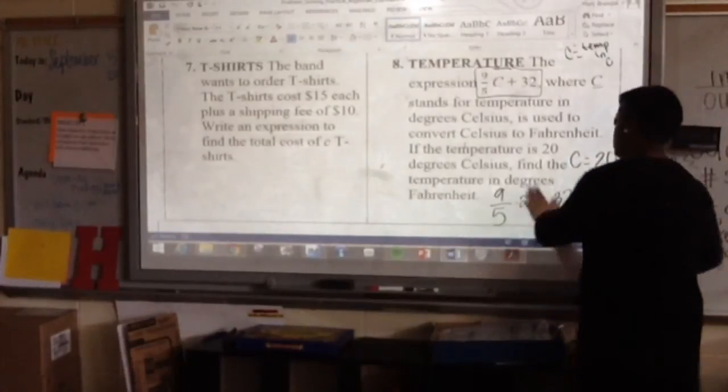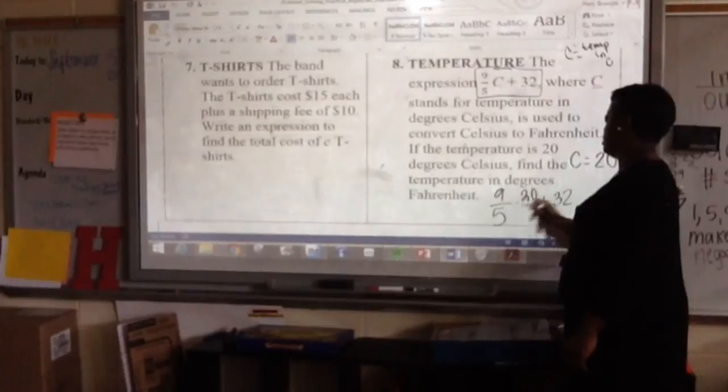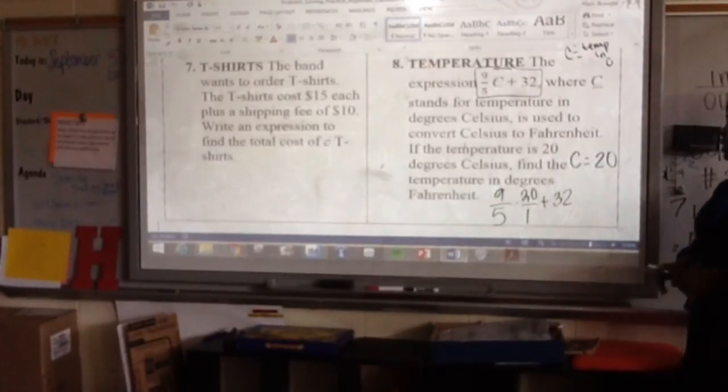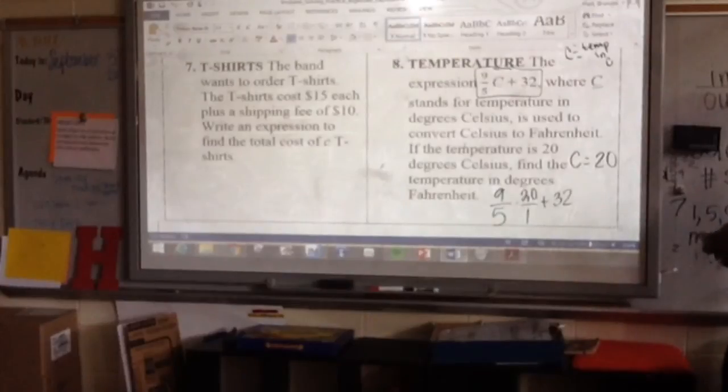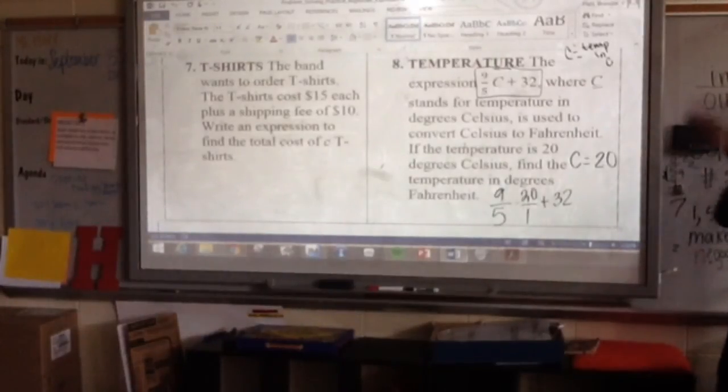Alright, perfect. You put a 1 under it. Now, order of operations tells me to do what first? Multiply. Do I need to get a common denominator? No. How many people say yes? How many people say no? Why? Because it's multiplication. Perfect. We only do that when we're adding and subtracting.